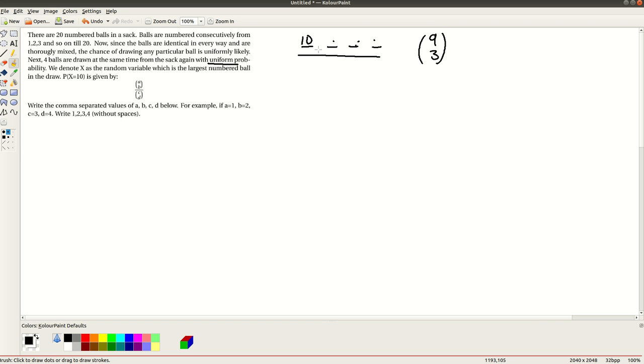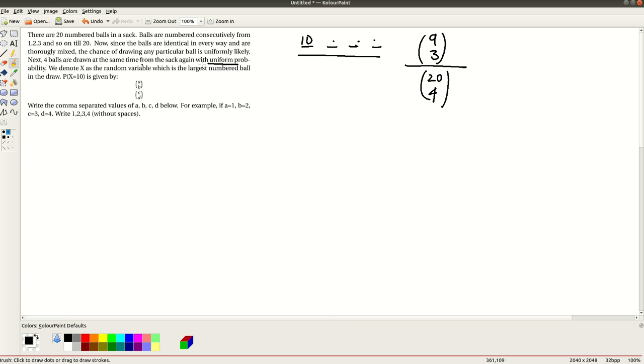Even though I'm writing it as though the sequence matters, the sequence doesn't matter. It's a combination problem. And the total number of ways this can be done: there are 20 balls and you have to choose 4 among them. So this is the first question.